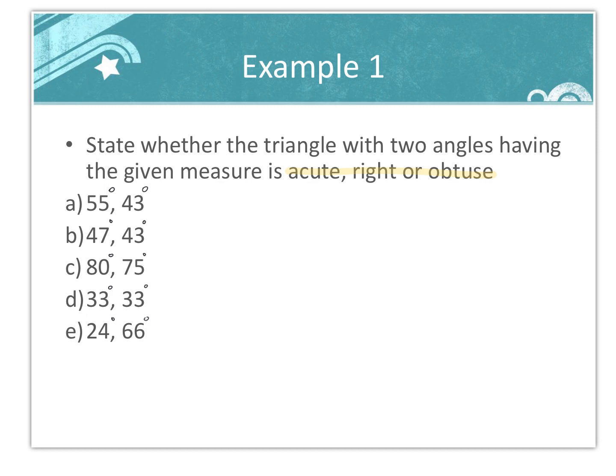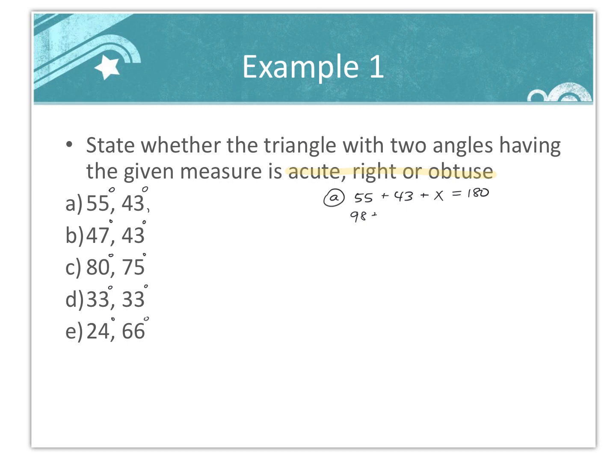Well, to know that, I have to know what all three angles are. So each one of these is going to require some work to figure out what the missing angle is. So for A, I know that angle 1 plus angle 2 plus angle 3 has to add up to 180 degrees.